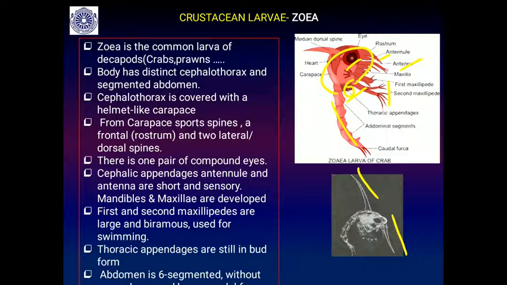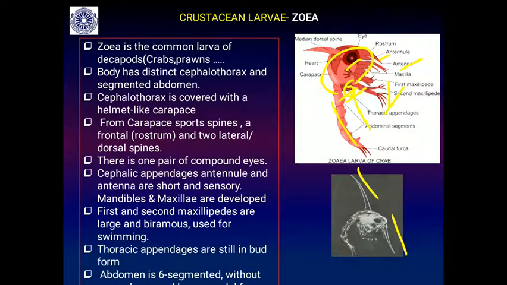First and second maxillipeds are large and biramous, used for swimming. These maxillipeds are now used for swimming because the swimming appendages, or the pleopods, are not developed. Thoracic appendages, that is walking legs, are still in bud formation. The abdomen is segmented, without any appendage.